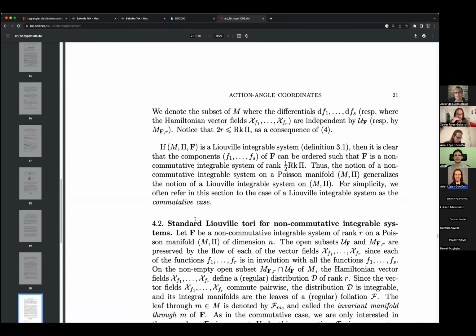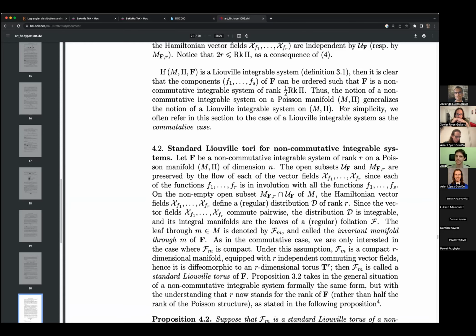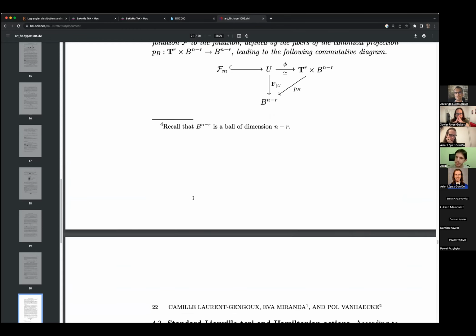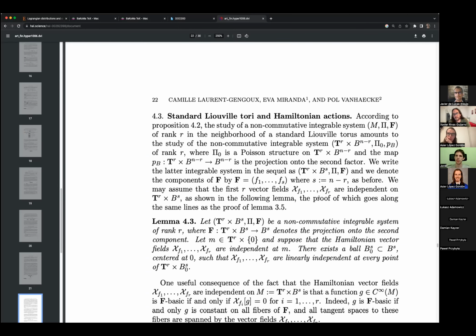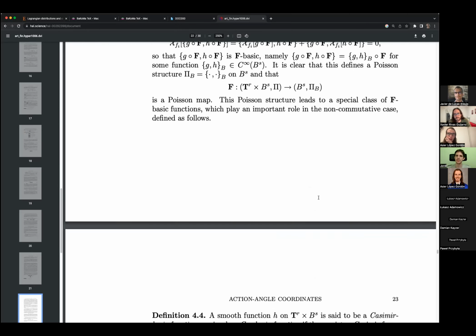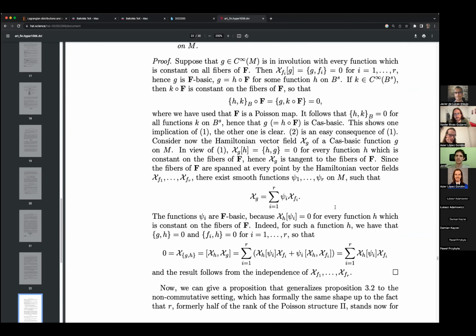There are several conditions, the standard Liouville theory for non-commutative integrable systems. Here your conditions are a little bit relaxed, and you find things like, as you said, tori times R, and then certain manifolds B and minus R. These things are generalizations, and there are lots of things.